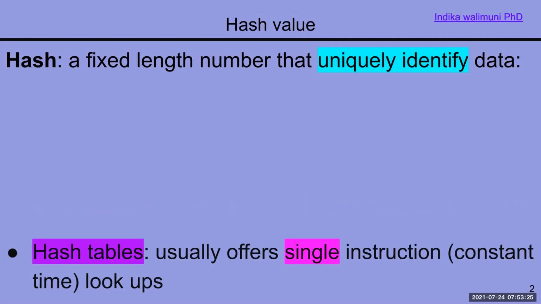Hash tables are really efficient in terms of searching, deleting, and inserting. Usually it's a single instruction, so in an order one process, in just a single instruction, you can search for an item in a hash table.